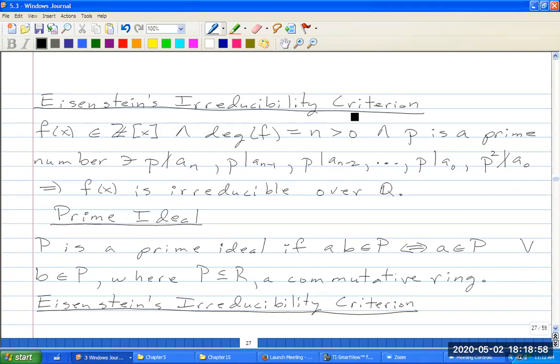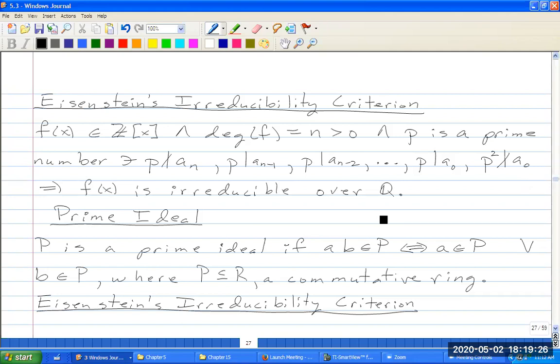And suppose that p is some prime number, such that the following holds. p does not divide the leading order coefficient, but it divides everything else. But p squared does not divide the constant term. Then f is irreducible over the integers.